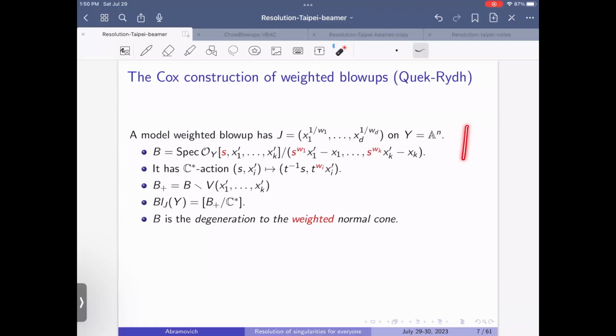So, questions about this? I will give you in a minute a description in terms of charts. And I think you'll agree that the description in terms of a C star action is going to be easier than the description in terms of charts.